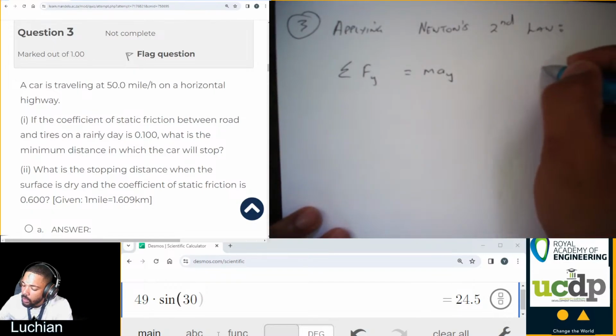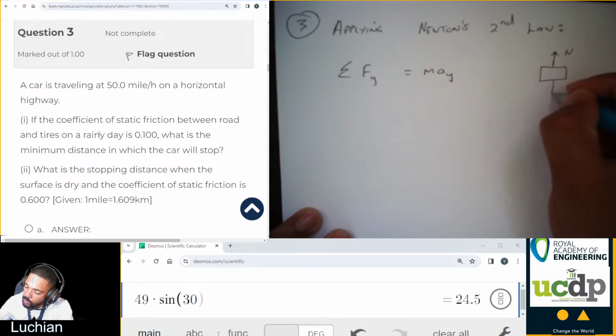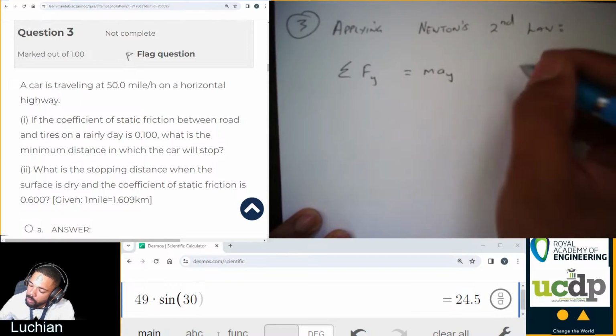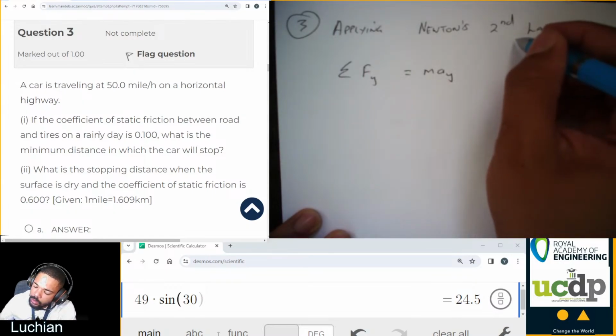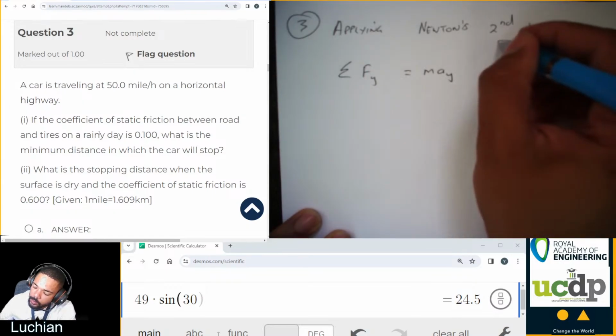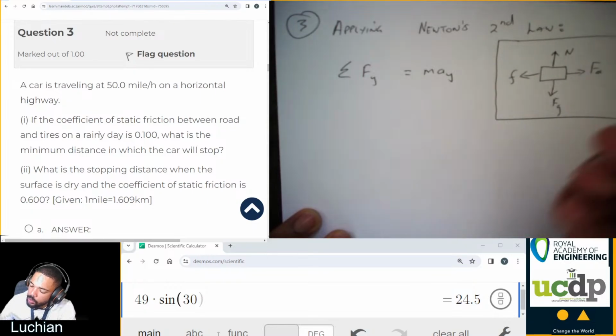Let's say this is the car we're going to draw. This is its free body diagram. It has the normal force, it has its weight, which is the force of gravity, it has the force applied to it by its engine, and it has the force of friction. That is the free body diagram.